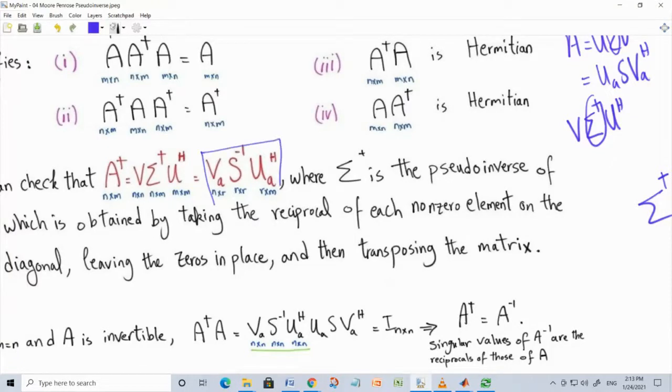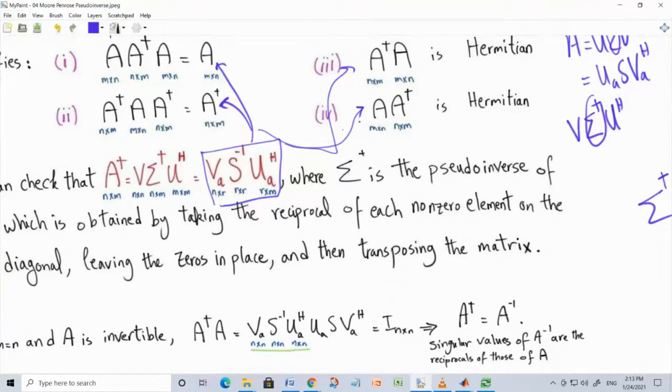How can you show that this is actually the pseudo inverse? Easy. Take this quantity as a pseudo inverse and check that it satisfies these 4 conditions. I think there is also a part in the notes in which I did this explicitly.